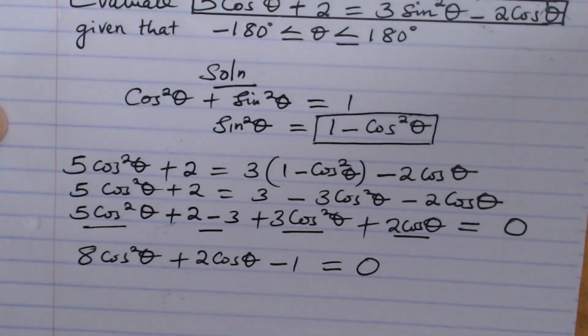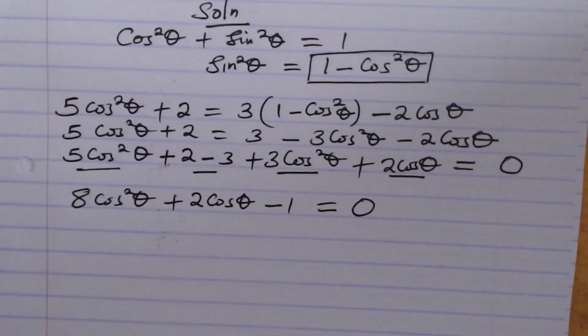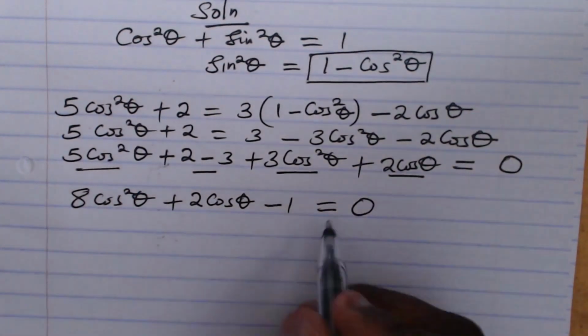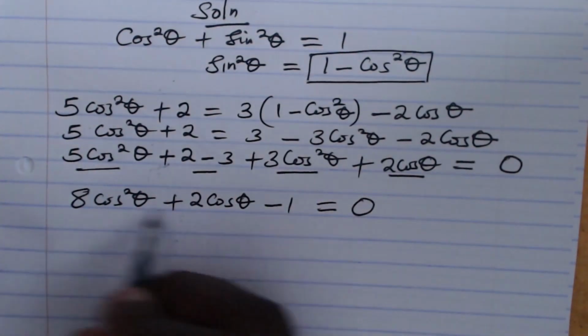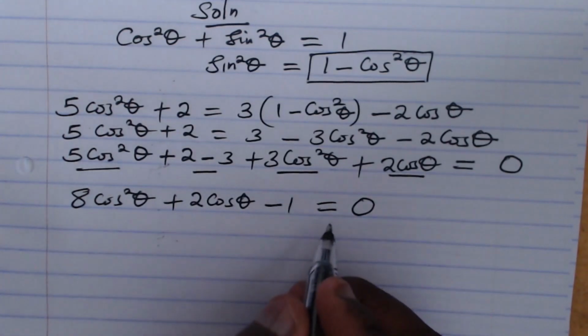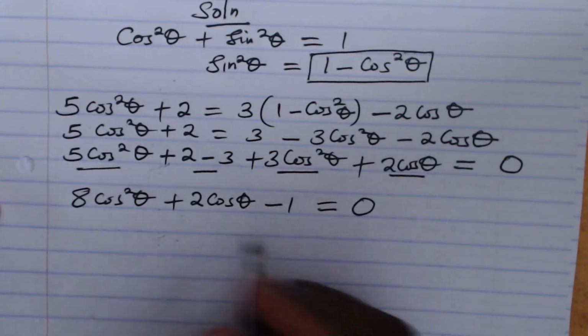Now you can see we have simplified our equation the best way, and from here it will be very easy to go on, because everything is uniform. We have cosine, cosine. This is a quadratic equation, and we just need to substitute cosine with another letter.